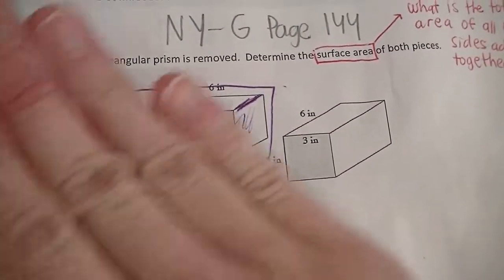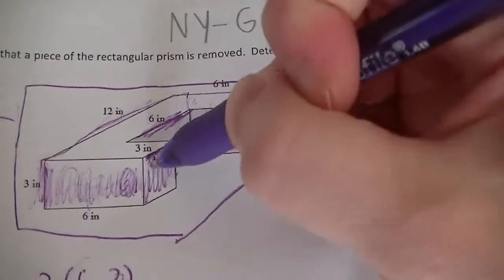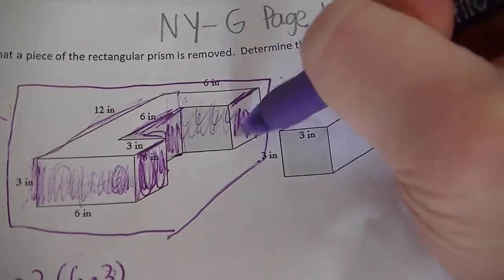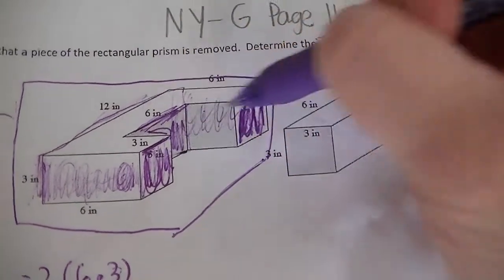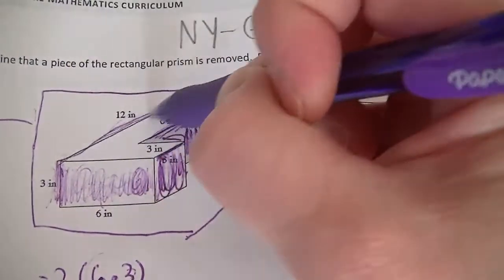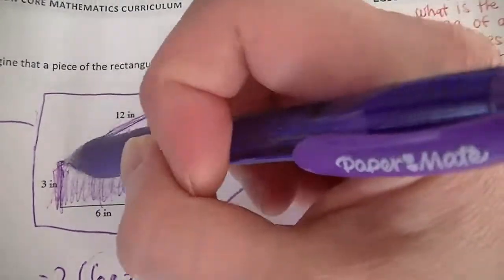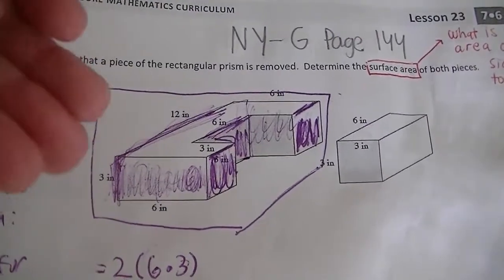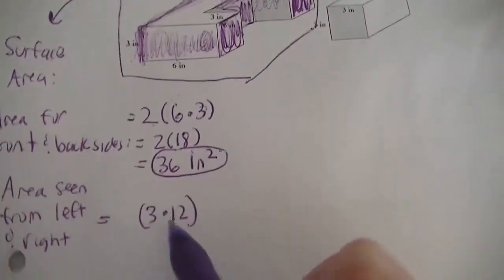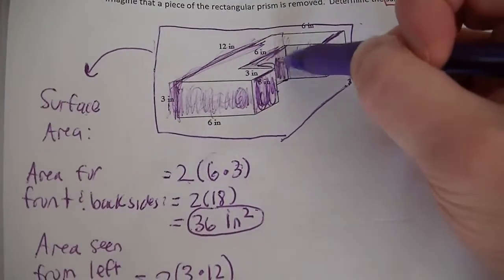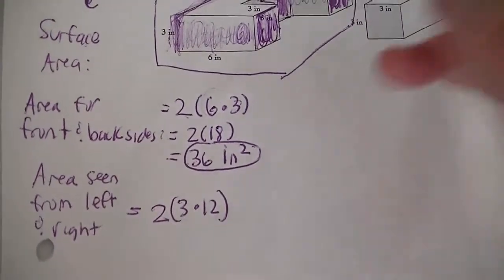You have to picture it as kind of flush, because I'm just finding the area of this piece, and this piece, and those 3 pieces would match up with the area of this back right there, as seen from the left. I'm going to take that value and multiply it by 2 to account for not only this side, but these sides right there, okay?